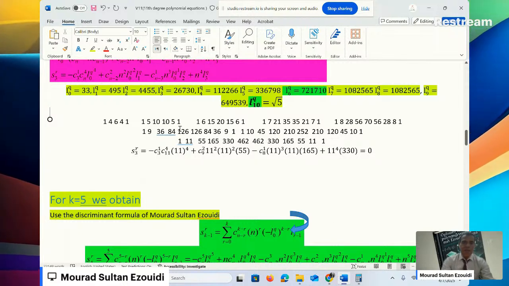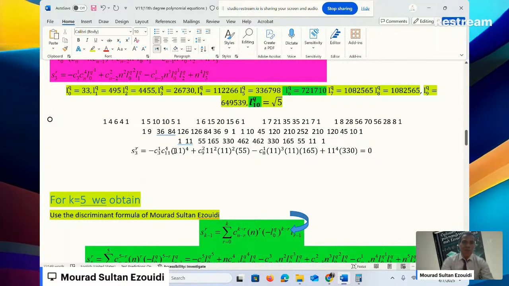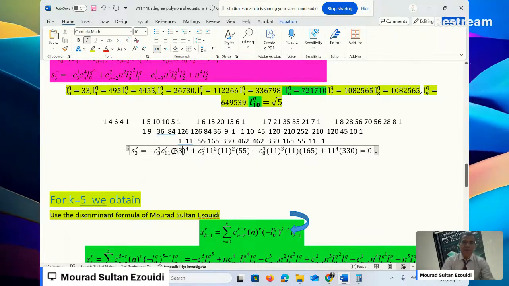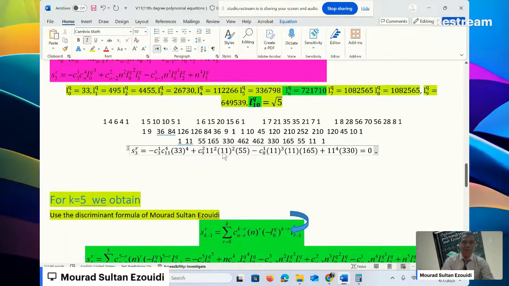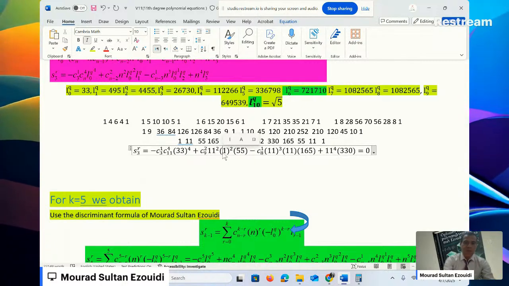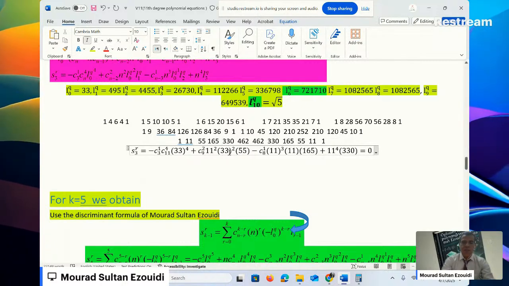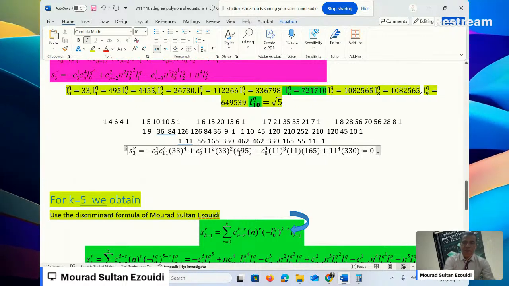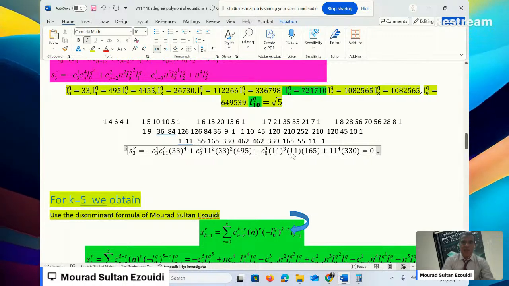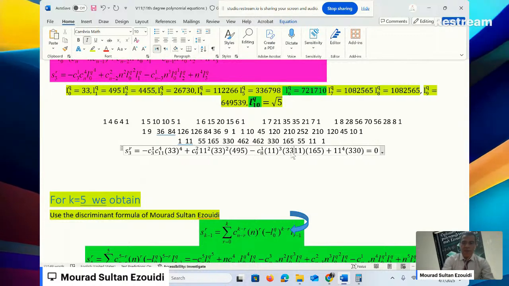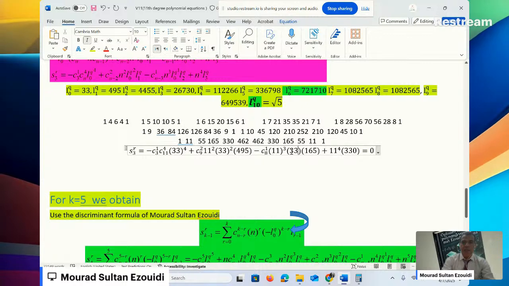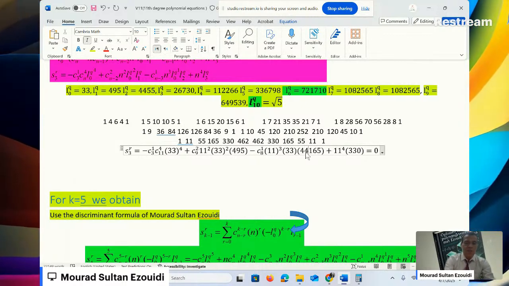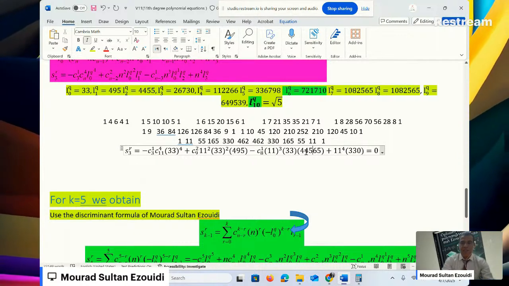I will substitute. L0 has to be equal to 33 raised to the power 4. Then this one is 33 raised to the power 4, then this is 495, then this one is 33, then this one is 4,455 raised to 6.